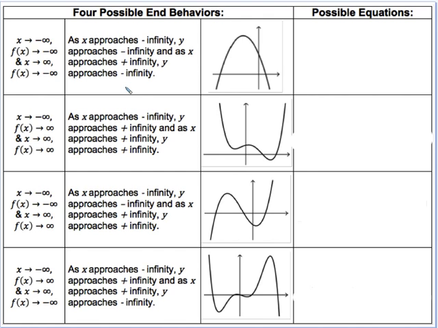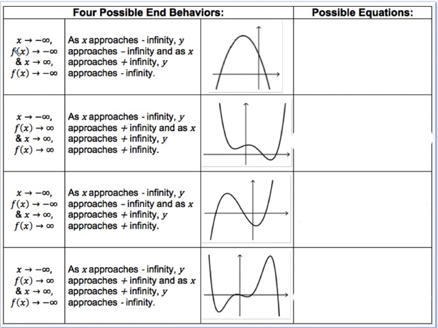With your math shorthand, this stuff right here reads, as x approaches, this arrow means approaches, negative infinity. So you're saying on the left side of the graph, f of x, or your y value, approaches negative infinity.